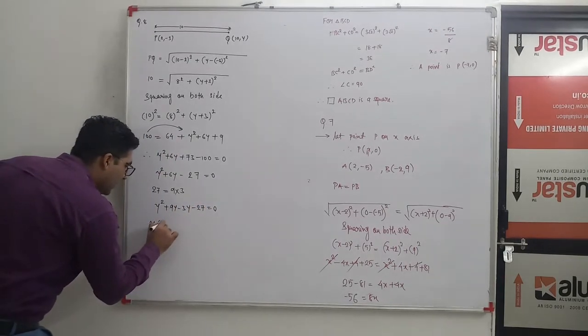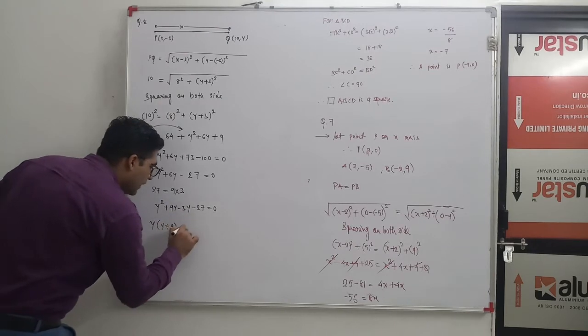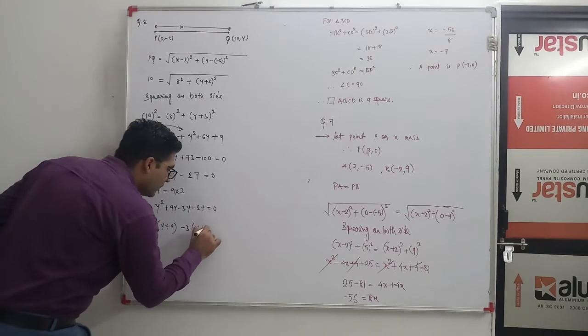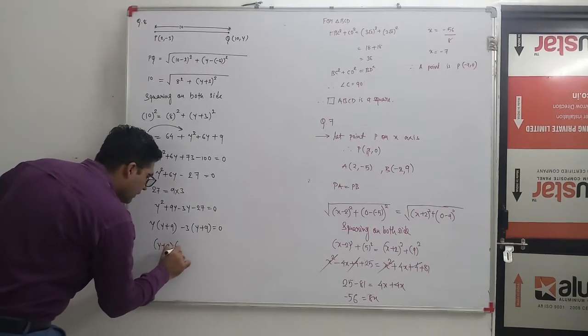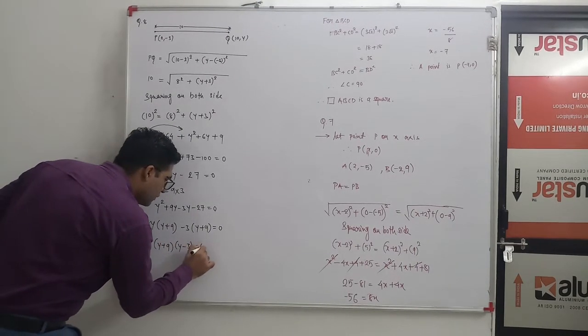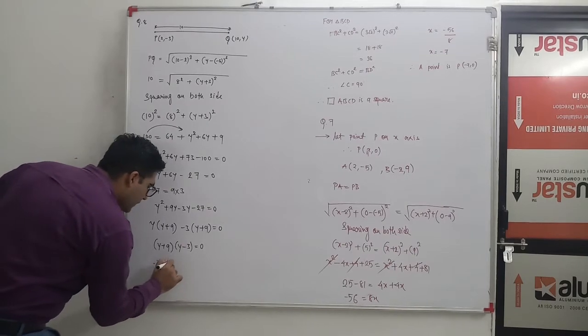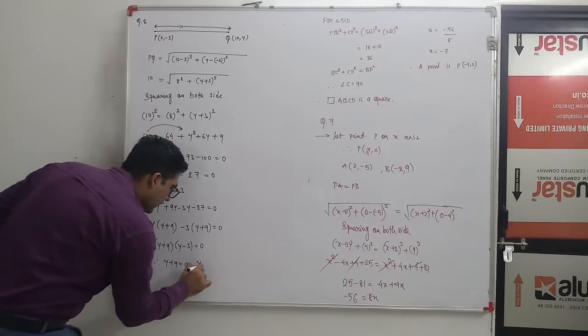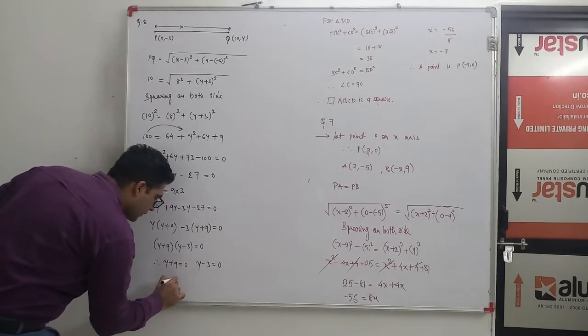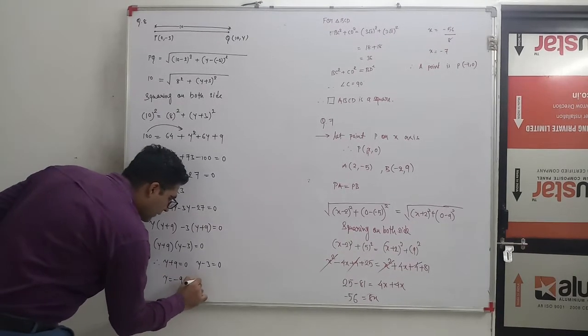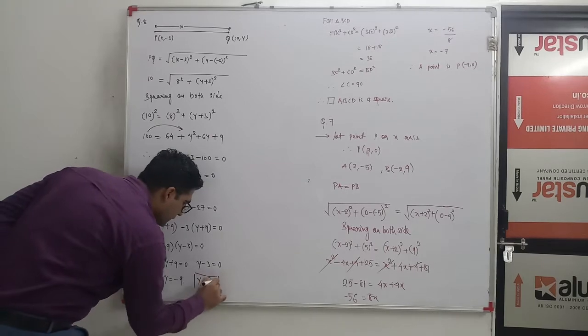Here I am getting y, so y plus 9. Here I am getting minus 3, so y plus 9. Therefore (y plus 9) and (y minus 3) is equal to 0. Therefore y plus 9 is equal to 0. Second one is y minus 3 is equal to 0. So the value of y is equal to minus 9 and the value of y is equal to plus 3.